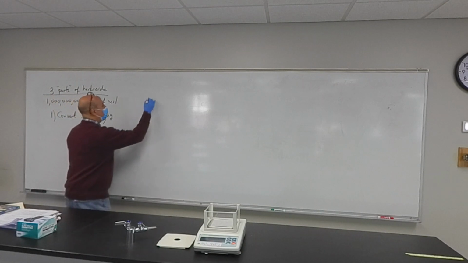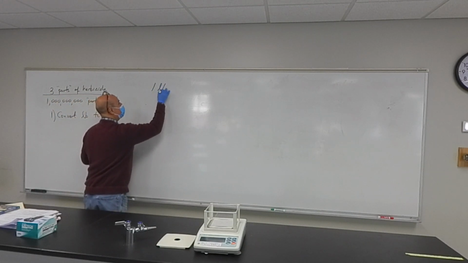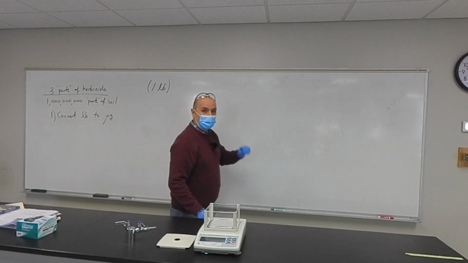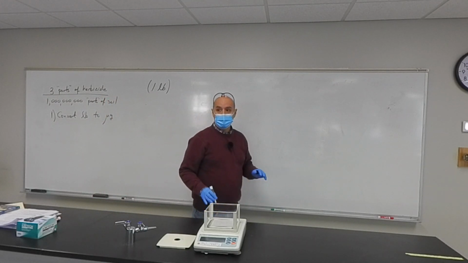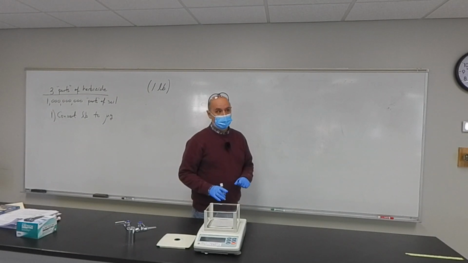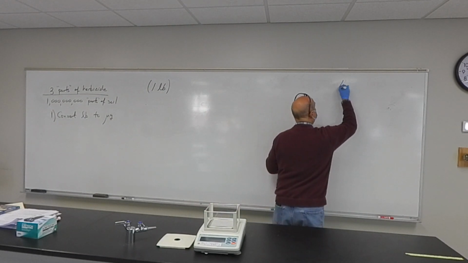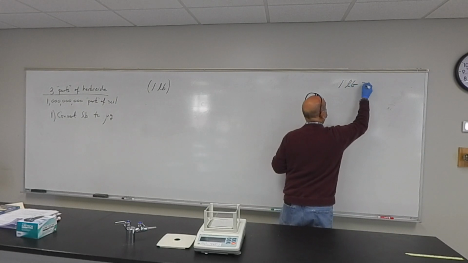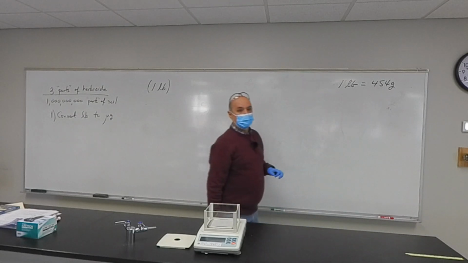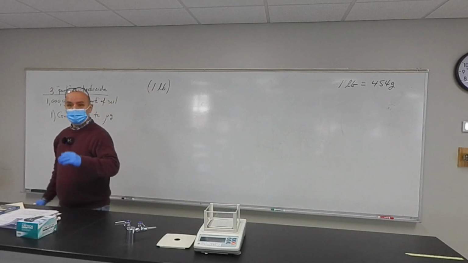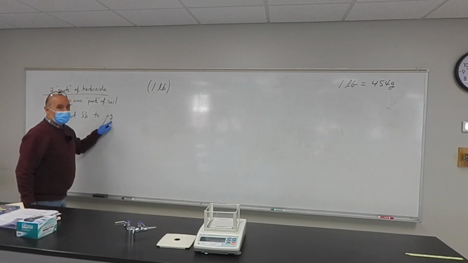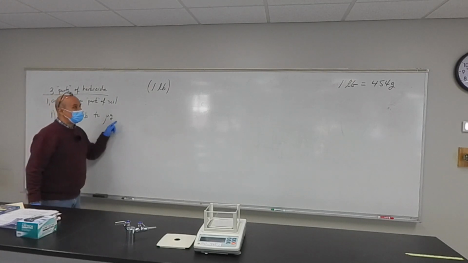So let's do it over here. 1 pound. And here we have the conversion factors that we're going to need. Unfortunately, we're going to need 2 of them. Earlier we said that 1 pound was equal to 454 grams. We used that in a previous problem. Micrograms is in the metric system just as grams is.